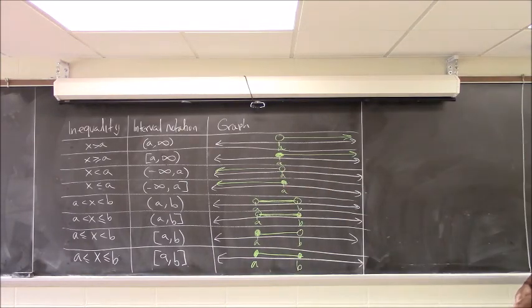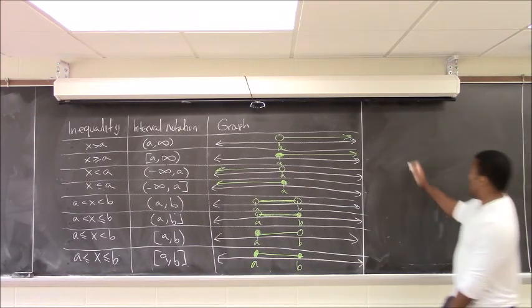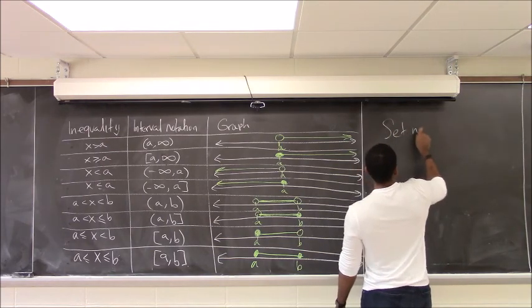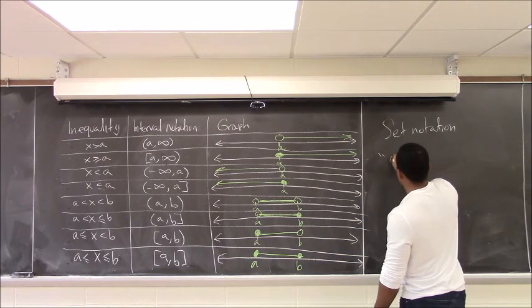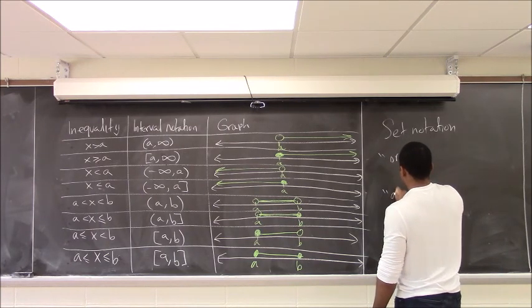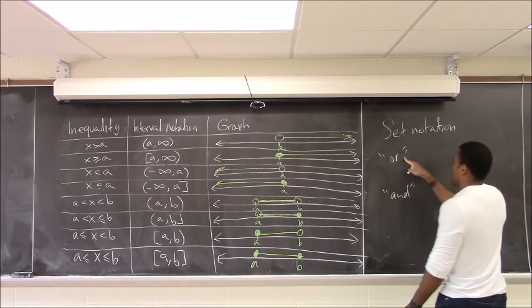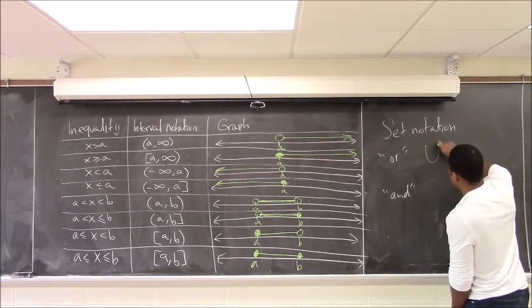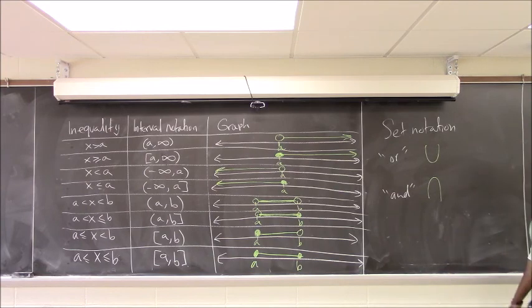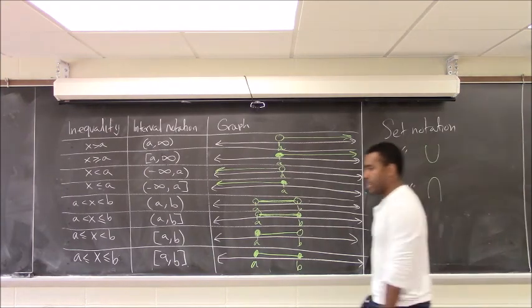Now, last time we also spoke about set notation for or and and. You guys remember what or looked like? Yeah? Just the union symbol, and and was that. So it means when you want to combine two such statements.